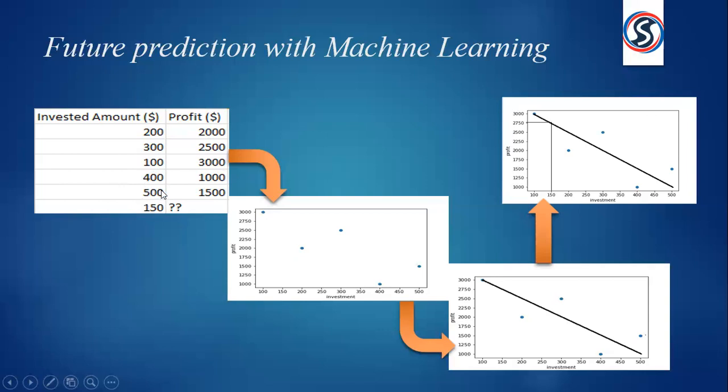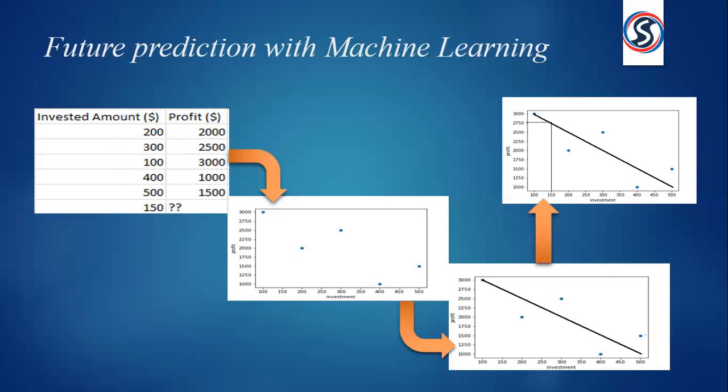Then I invest another $100, and I have noticed only a very small change. Now, in the future, if I invest $150, what will my profit be then?